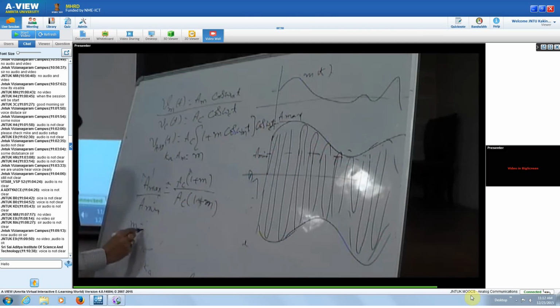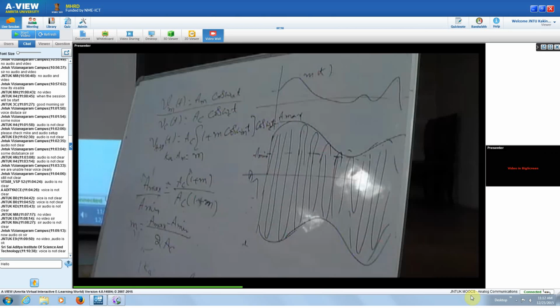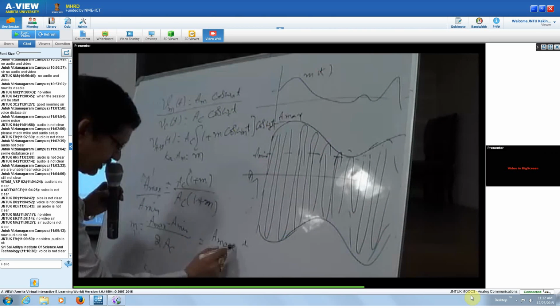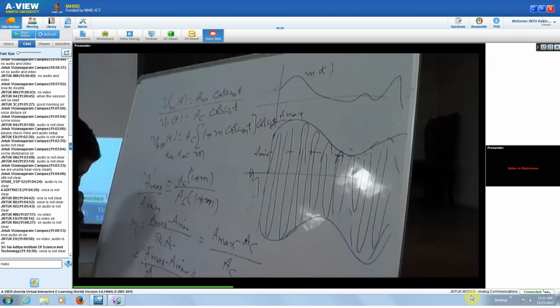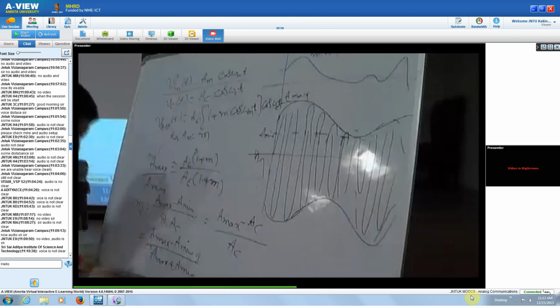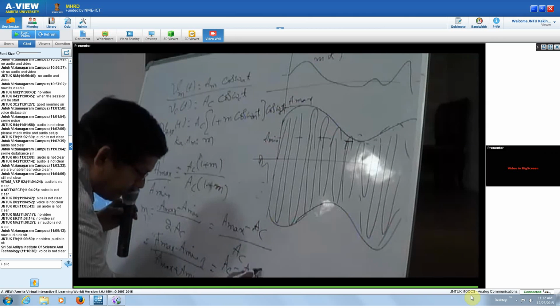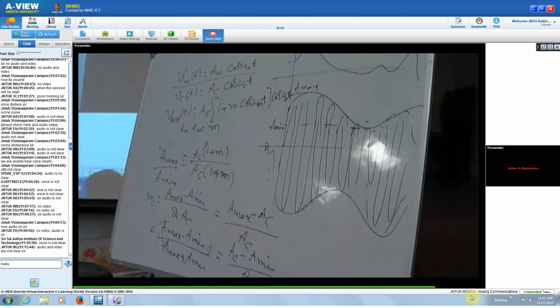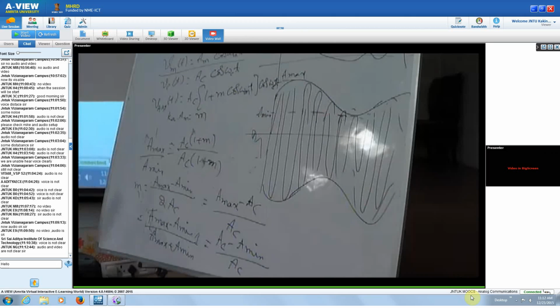You can calculate it as A max minus A min by 2A_c, or A max minus A_c by A_c, or A max minus A min by A max plus A min, or A_c minus A min by A_c. Whatever values are given, you can calculate the modulation index accordingly. If only A_c and A min are given, you can calculate it, or if only A max and A min are given, you can use this equation.